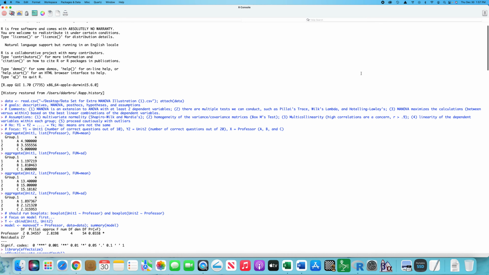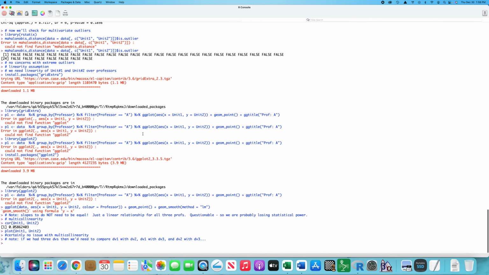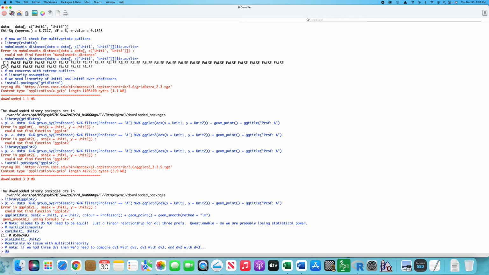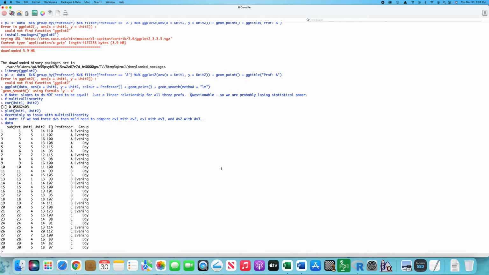So the first thing I did is I used the aggregate function. I want to dive in and look at the means and standard deviations for Unit 1 and Unit 2. And let me tell you what's going on here. Let me go all the way to the bottom, and let's just take a look at our data set.